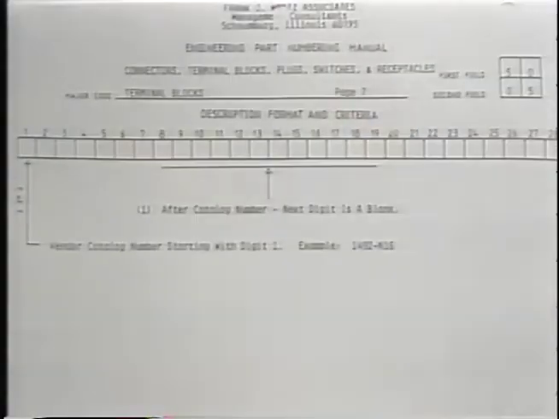And the last page is 7 of 7, and that is for terminal blocks. And you notice here the vendor catalog number starting with digit 1. Example, they buy terminal blocks from a specific manufacturer.